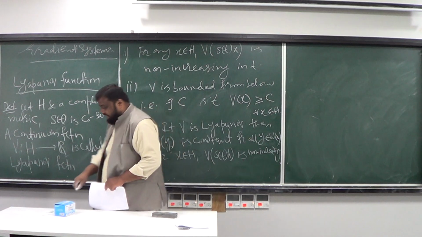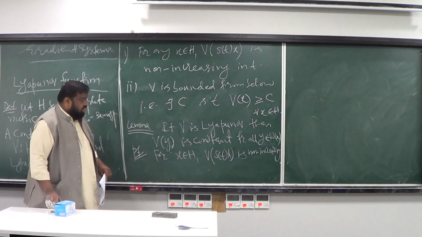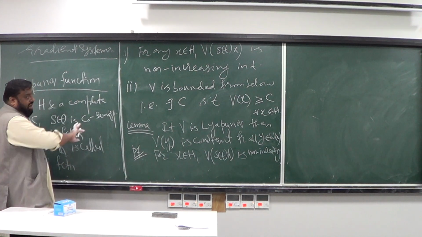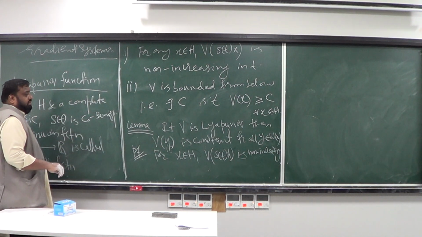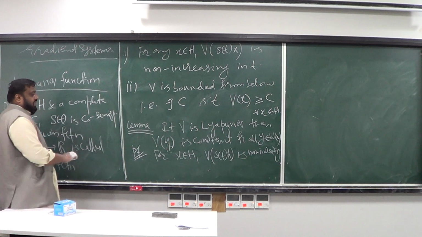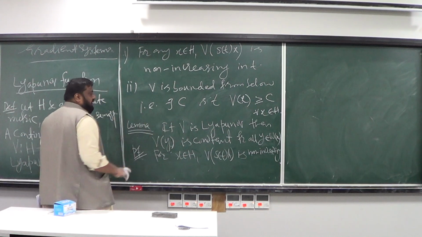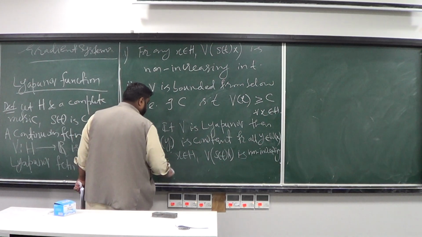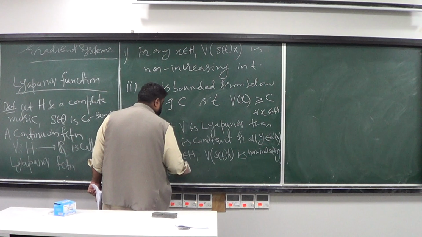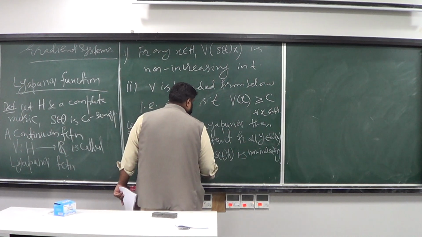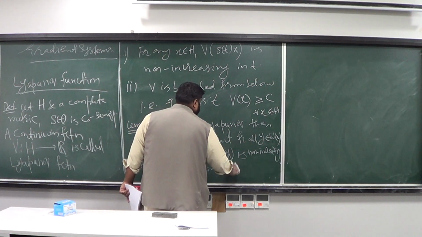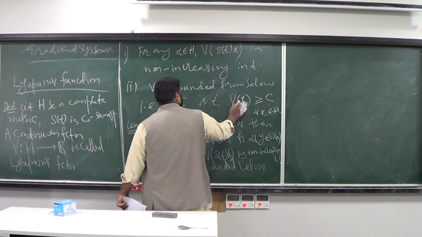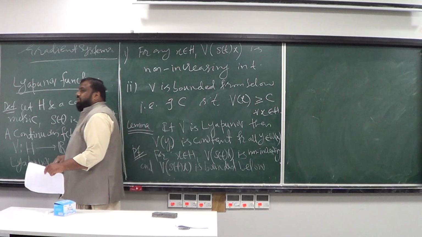All right. So if it is non-increasing and bounded below as well, by definition, v is bounded below for all x, so it should be bounded below for v of S of t x.